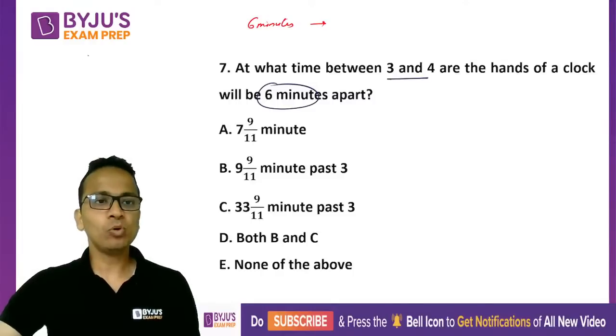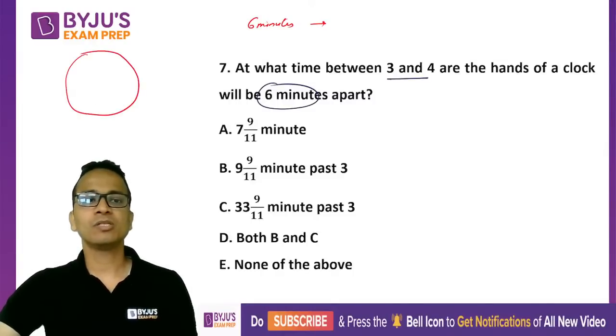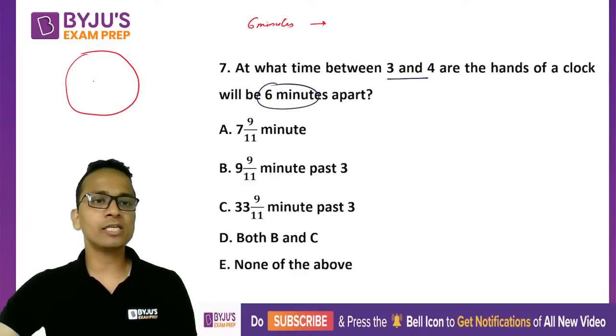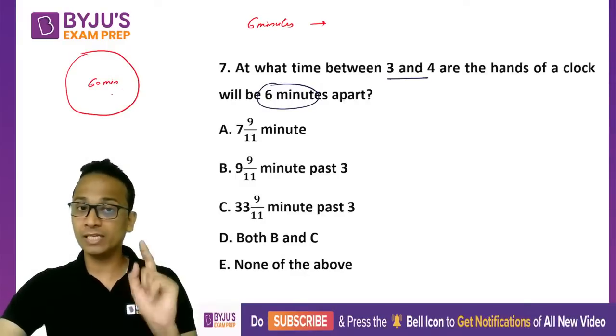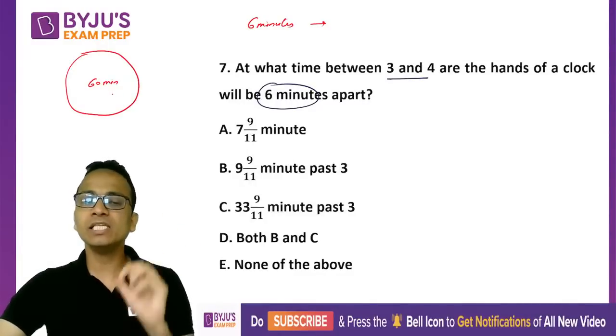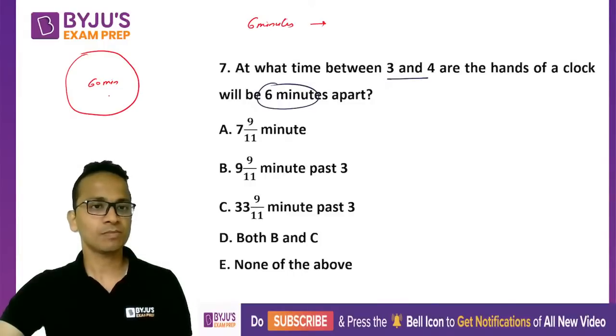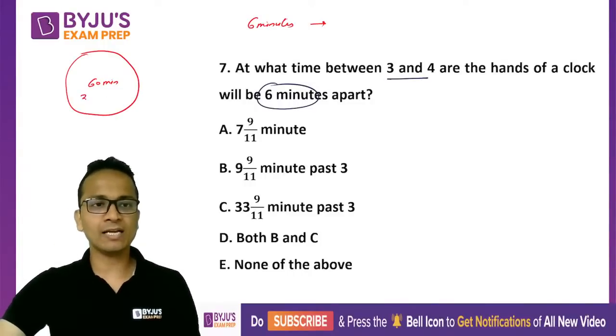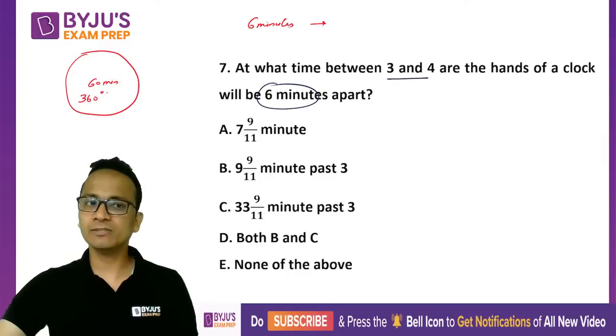If you consider a complete clock, the entire clock is divided into 60 minute locations. Listen carefully. The entire clock is divided into 60 minute locations, and the total angle is 360 degrees.